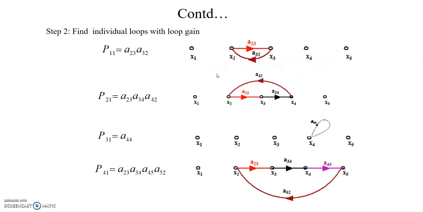Accordingly, you can write the gains of those loops. P11 is equal to A23, A32, and then P21 is A23, A34, A42, and P31 is A44, and P41 is A23, A34, A45 and A52.